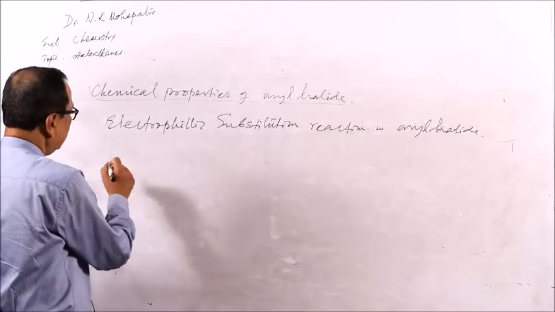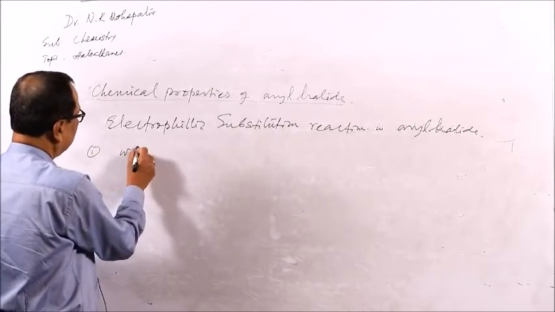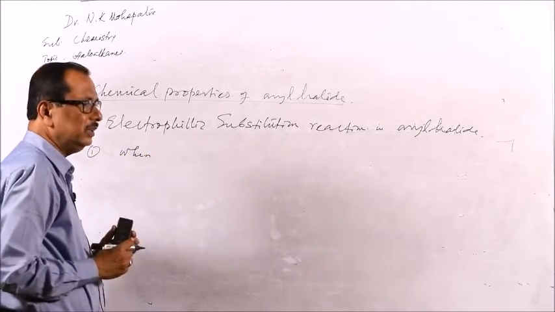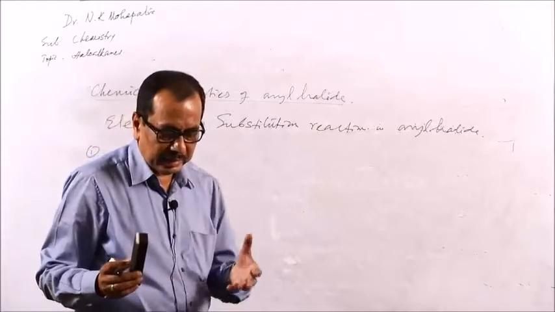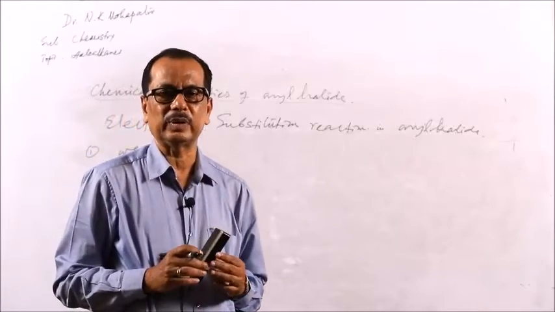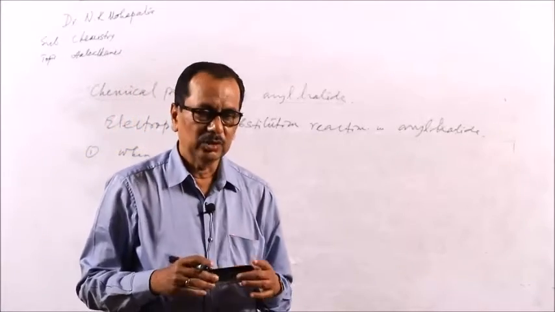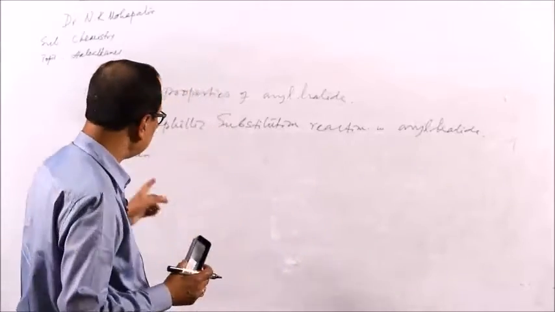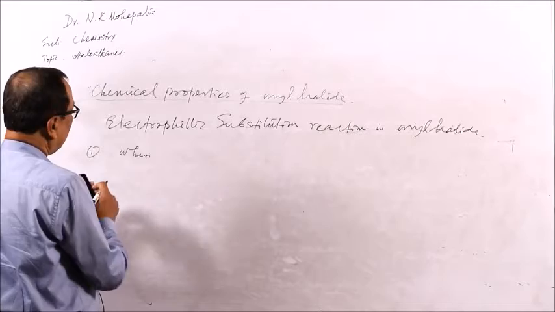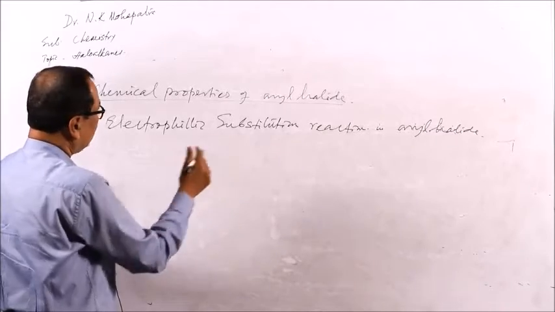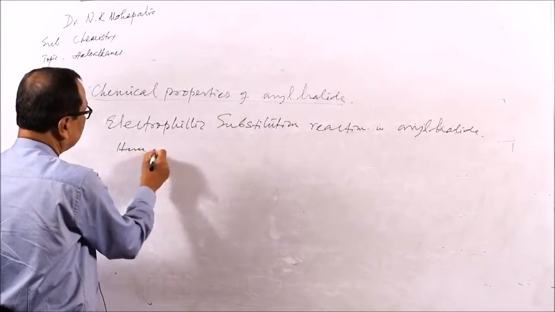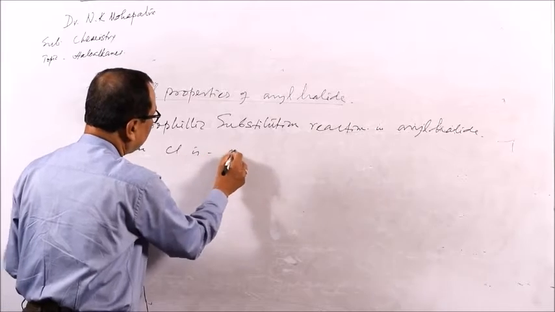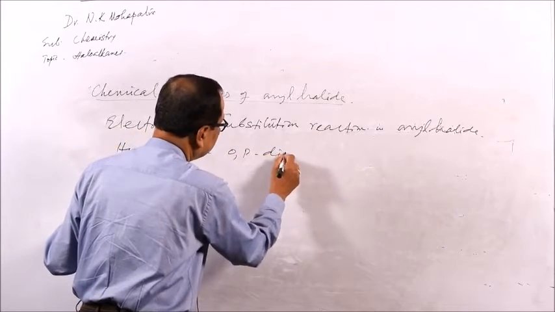For example, when chlorobenzene is treated with chlorine in presence of anhydrous aluminum chloride or anhydrous ferric chloride, we get orthochlorobenzene or parachlorobenzene. Here chlorine is ortho-para directing.